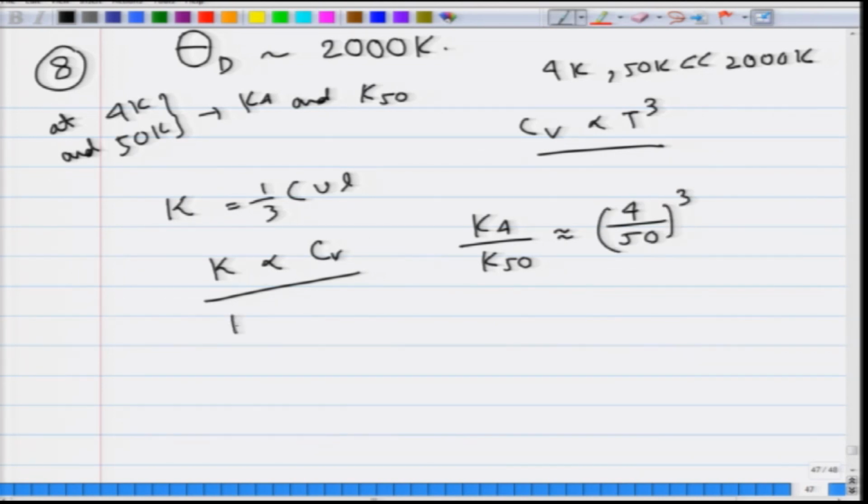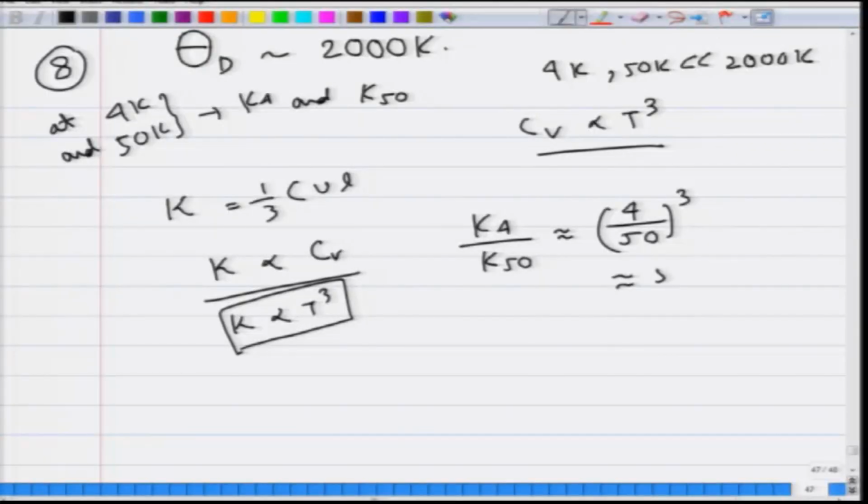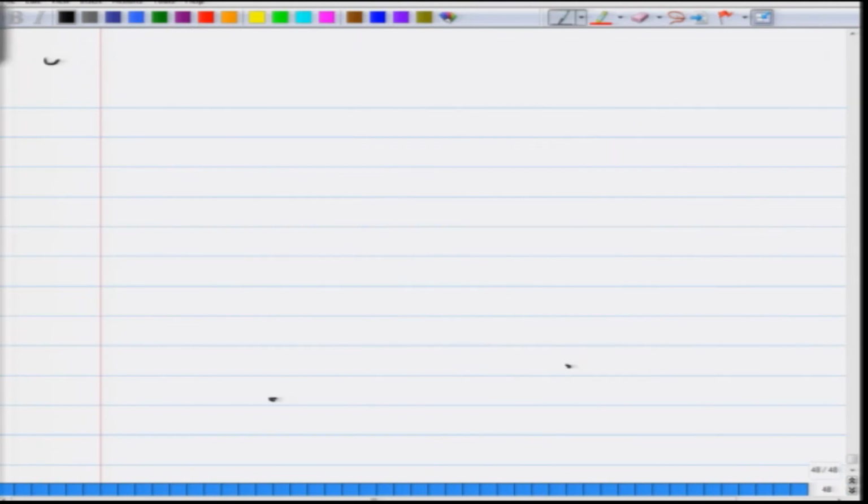This is because K is proportional to T cube. This phonon region is the T cube region, because at higher temperature it would just be constant by Dulong-Petit's law, where Cv will be 3R. So we get almost 5 times 10 to the power minus 4. So the correct option is option A.